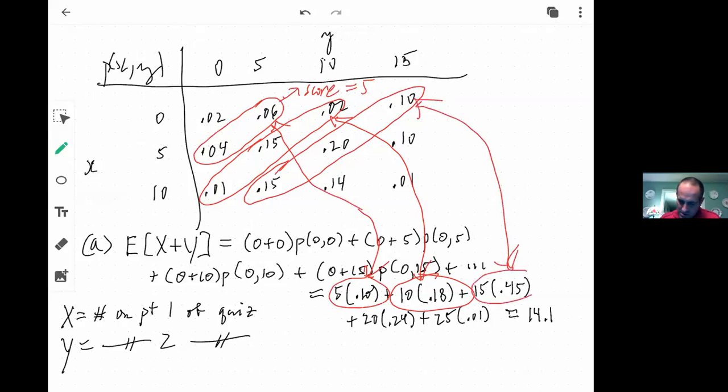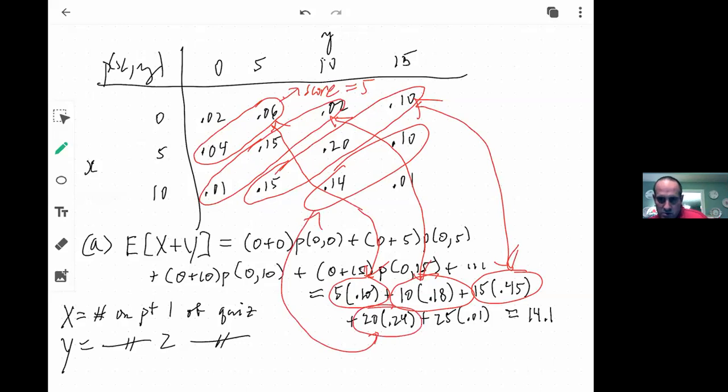You think about it for a minute, and so on and so forth. So this guy right here corresponds to a score of 20, which happens with 24% probability. And then this thing right here corresponds to that guy.